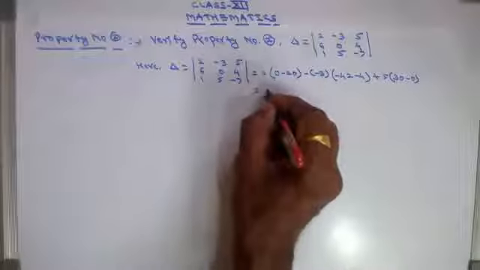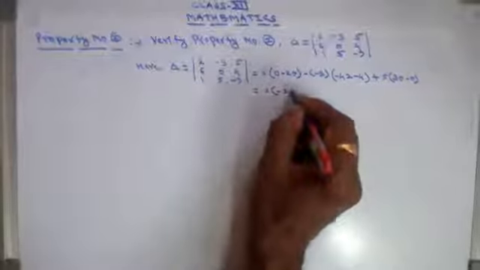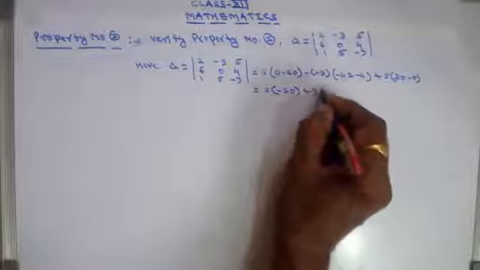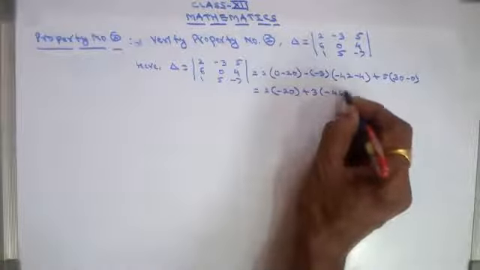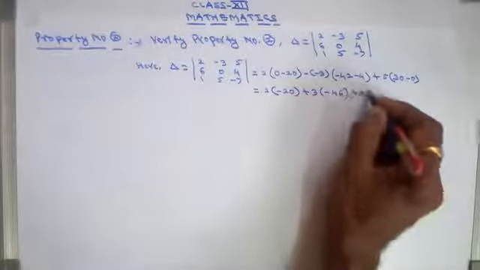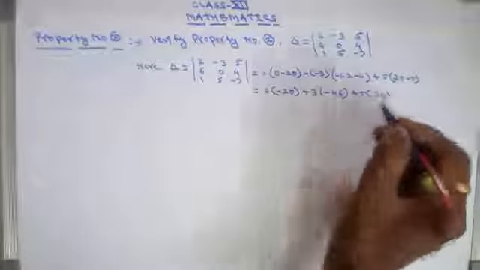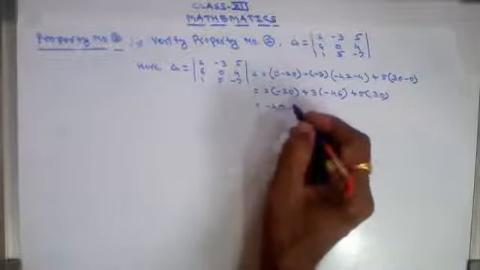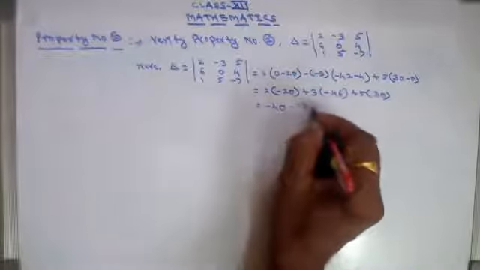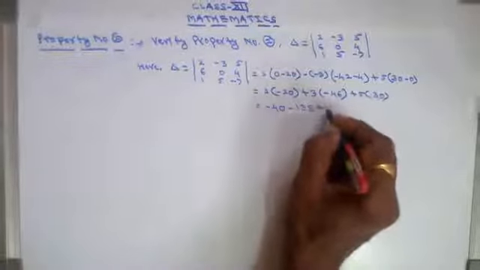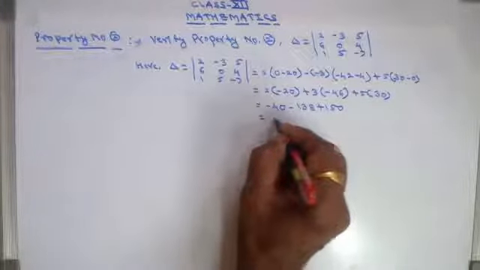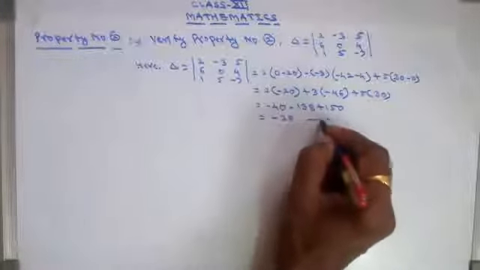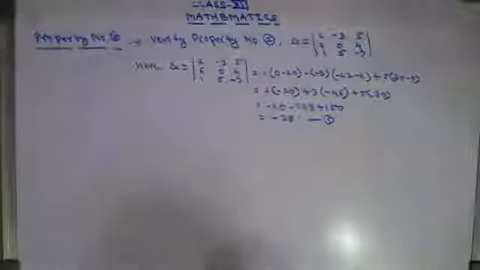So this is equal to 2 into minus 20 plus 3 into minus 46 plus 5 into 30, that is minus 40 minus 138, and this is plus 150. So this comes minus 28. This is number 1, minus 28.